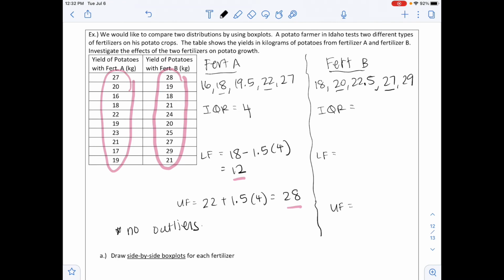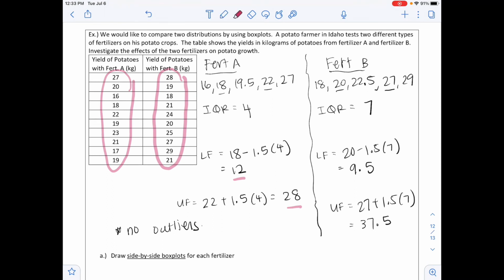Q1 is 20 and Q3 is 27, so our interquartile range will be 7. Lower fence is going to be 20 minus 1.5 times 7, which works out to being 9.5. And our upper fence is going to be 27 plus 1.5 times 7, which works out to being 37.5.